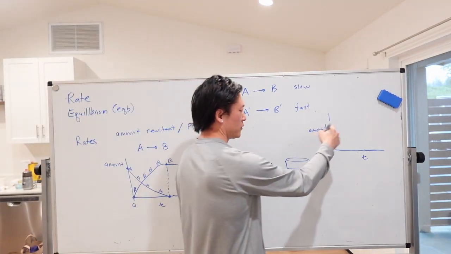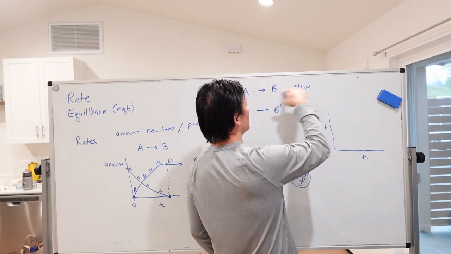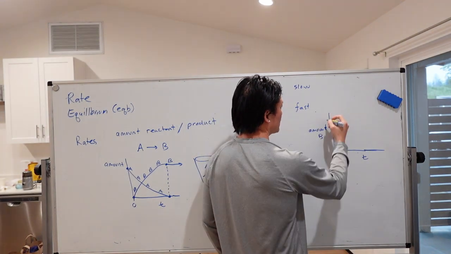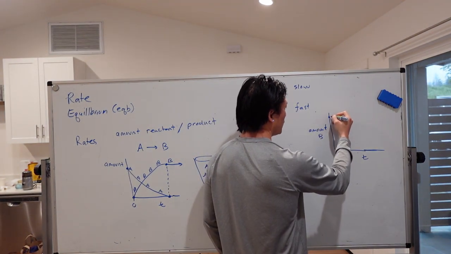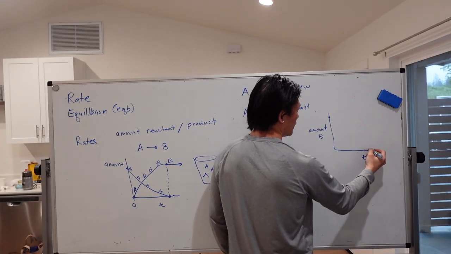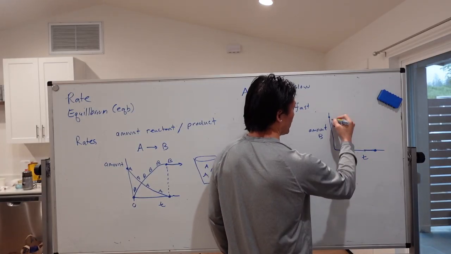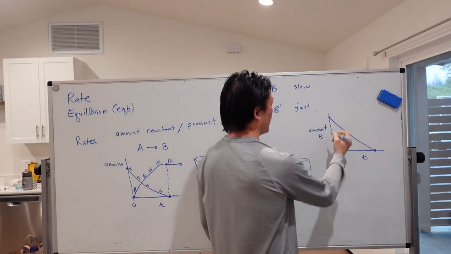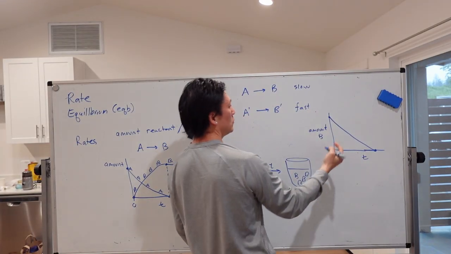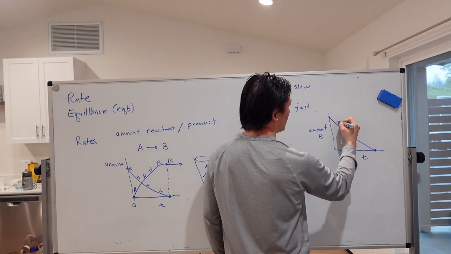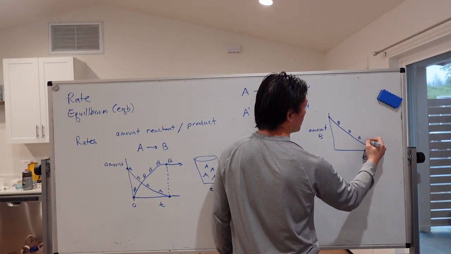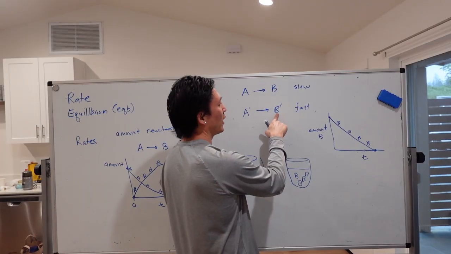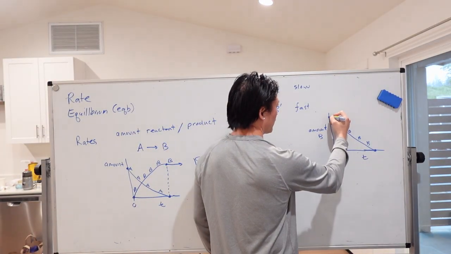And what I'm going to say here is that we're going to first watch the slow version. It takes a long time for it to completely finish. So this would be slow, so this would be B. And then B prime, if we're looking at the fast version, it would take a fast time.